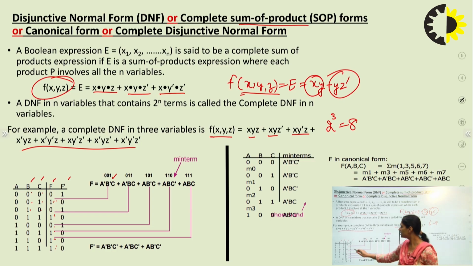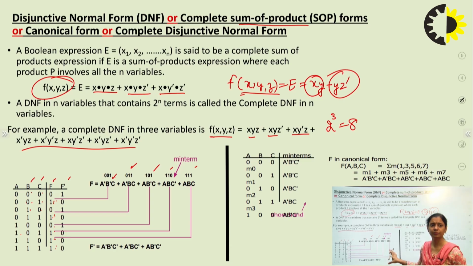So this is 1, which is A complement, B complement, C. The value of F is 1 over here, that is A complement, B, C. This is again 1, A, B complement, C. Then this is A, B, C complement, and the last one is A, B, C. So when we add up all of them, we get a minterm or the SOP form.